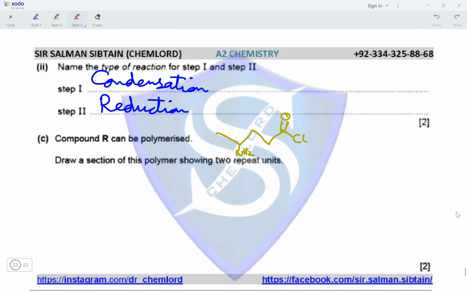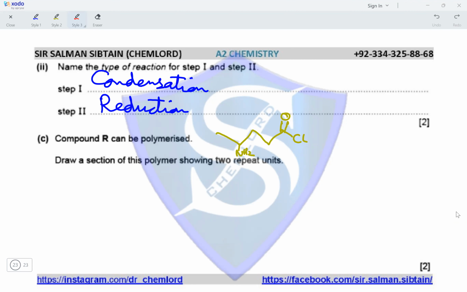Compound R can be polymerized. The compound R is drawn for simplicity on the right. Draw a section of this polymer showing two repeat units. So the polymer would be a polyamide because one end of this molecule has an NH2 group and the other end has a COCl group.